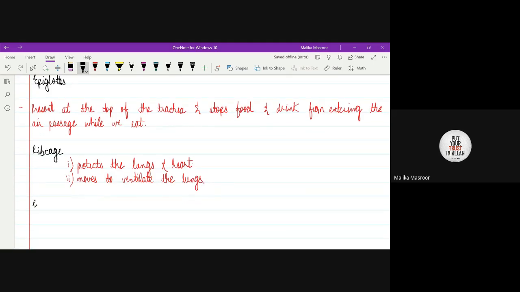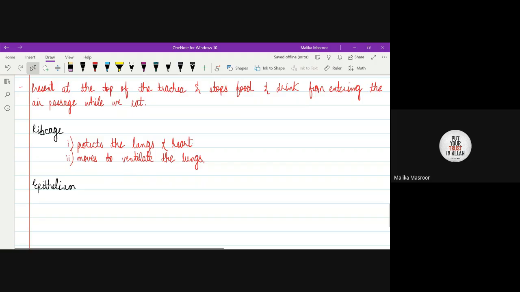Epithelium. So alveoli have thin elastic walls formed from a single layer of epithelium.